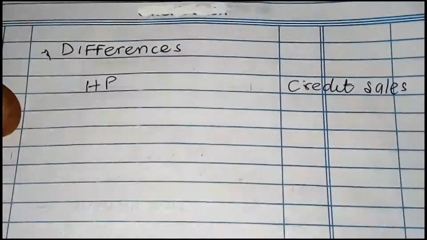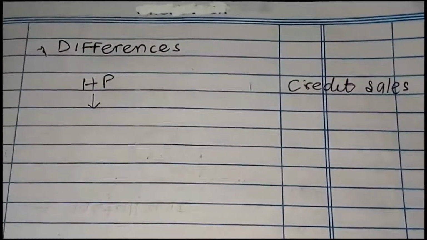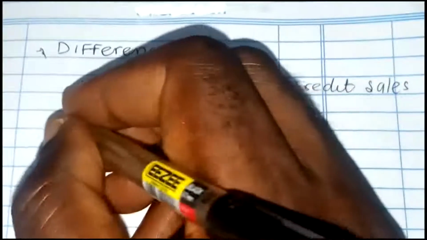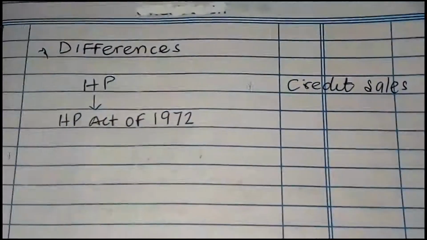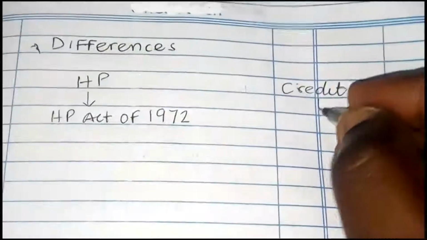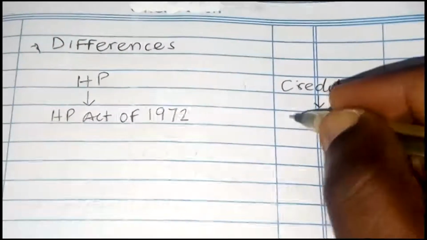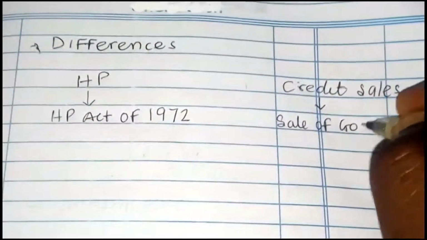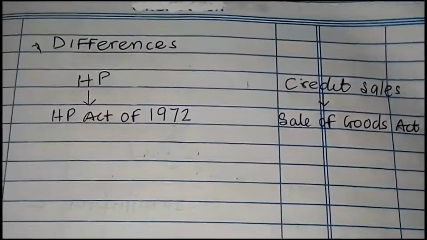The law that guides hire purchase agreements is called the Hire Purchase Act of 1972, while the law that guides credit sales is nothing but the Sale of Goods Act 1930. All right.